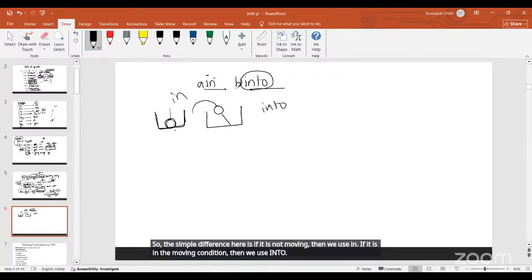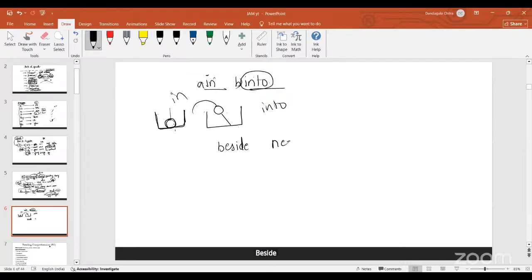That is the difference. And what about the difference between beside and near? Between and among, first we'll discuss this. What is the difference between beside and near?